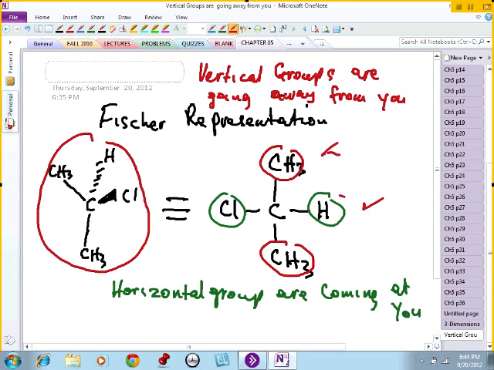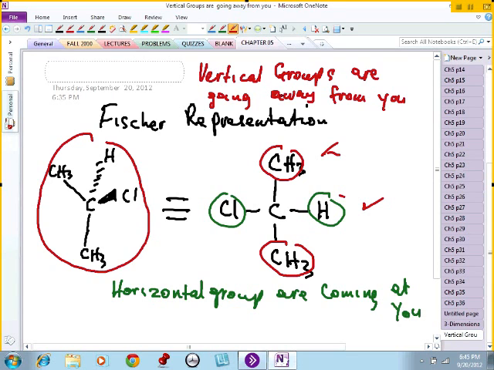Let me see whether I can superimpose these molecules on each other. When I say superimpose, I mean position them so that all of the groups are in the same direction. Can I do it? Yes. Do they superimpose? Yes, they superimpose.